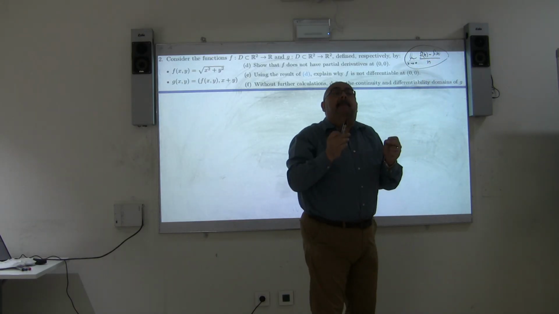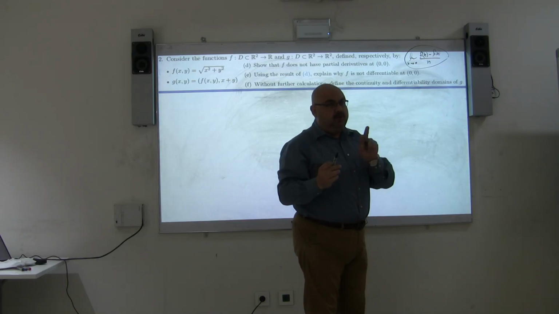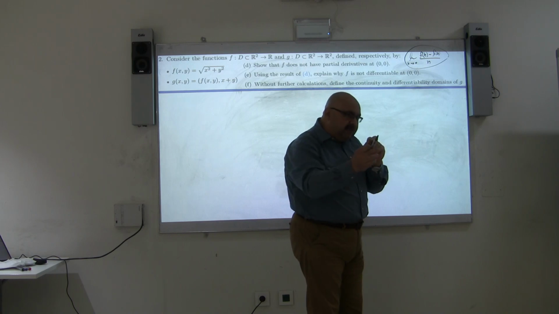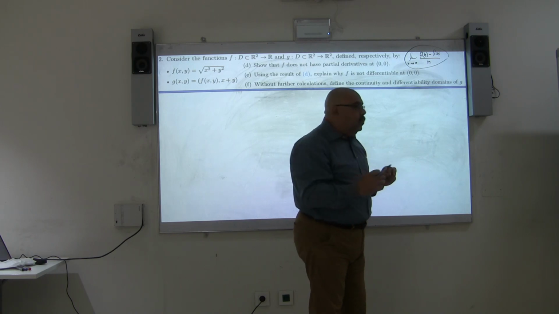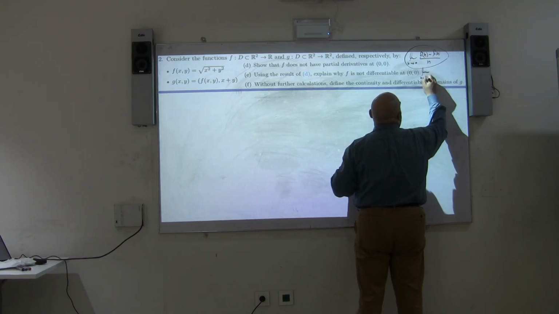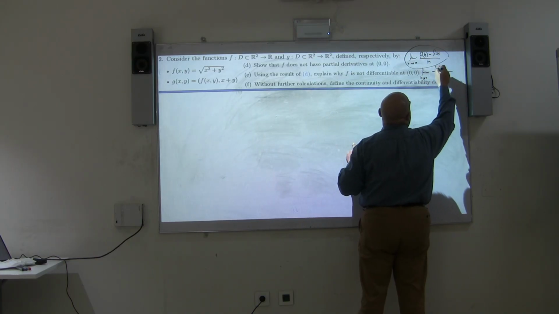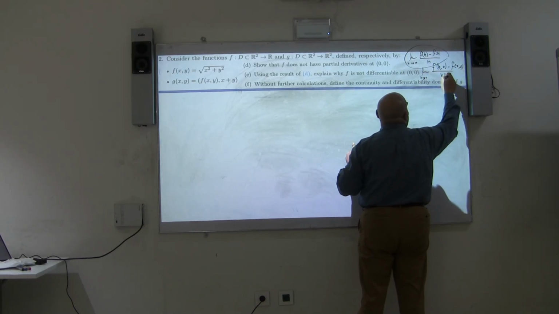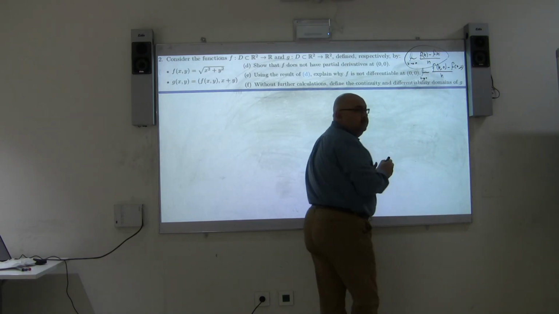But in the case of partial derivatives, your function has x and y. If I'm differentiating with respect to x, this is going to be the law: limit as h tends to 0 of the function at h and 0 minus f at the origin, divided by h. That's the law that I'm going to use.